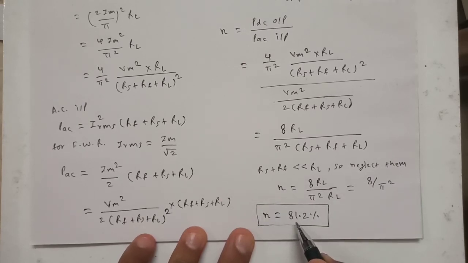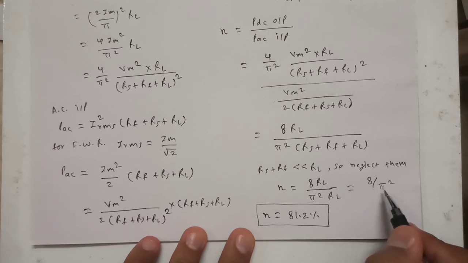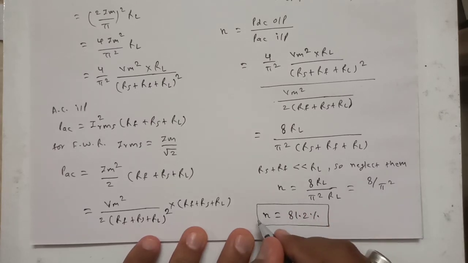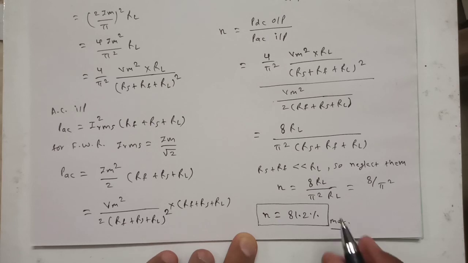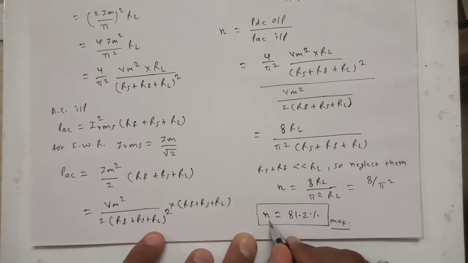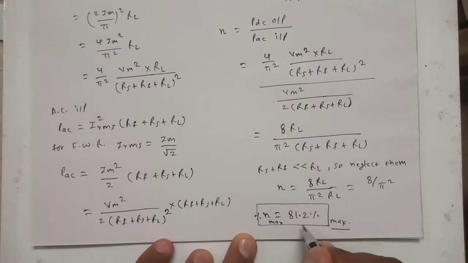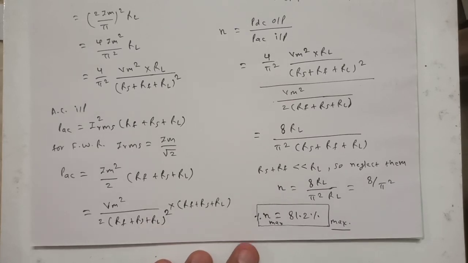I have multiplied the result by 100 to get a percentage, and that's why we say this is the maximum value of the efficiency we get in the case of the full wave rectifier. So I can write here: percentage efficiency maximum is 81.2%.